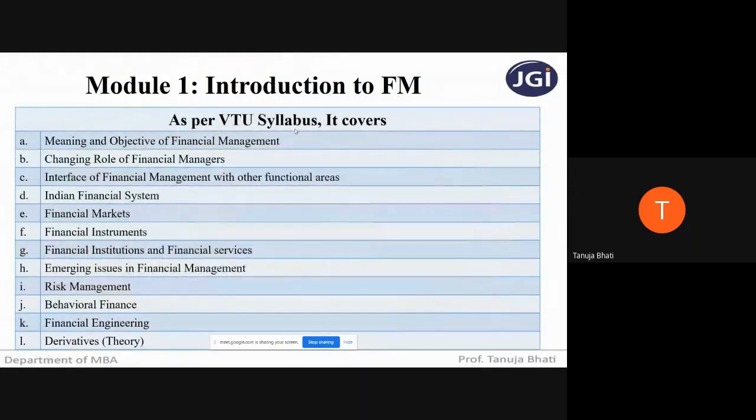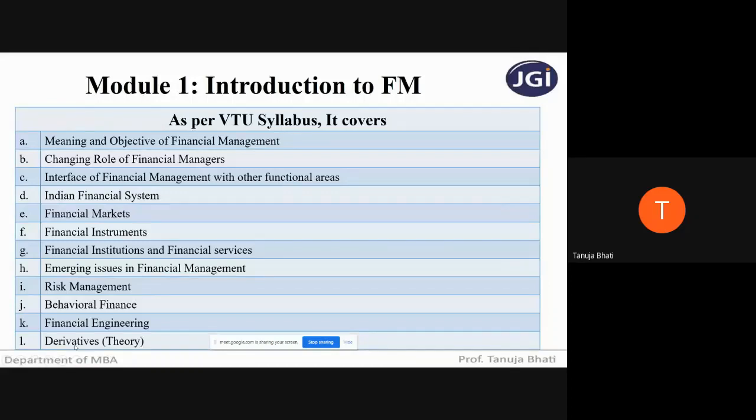As per the VTU syllabus, it covers the meaning and objective of financial management, the changing roles of financial managers, interface of financial management with other functional areas, the Indian financial systems, financial markets, financial instruments, financial institutions and financial services, emerging issues in financial management, risk management, behavioral finance, financial engineering, and derivatives.